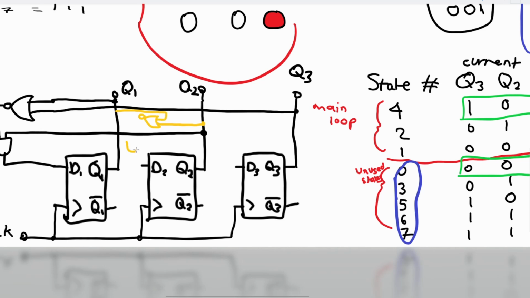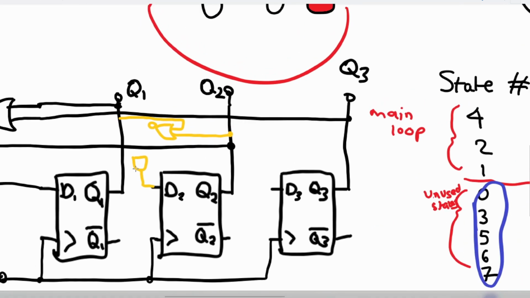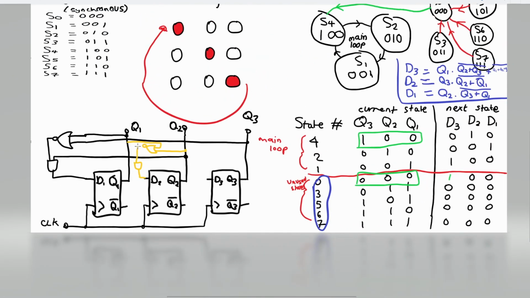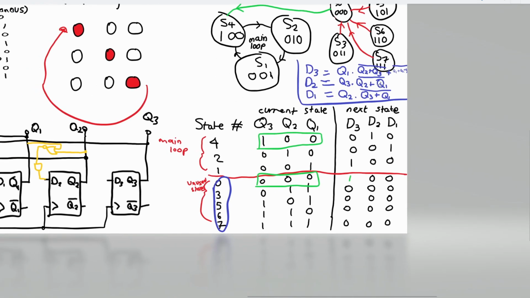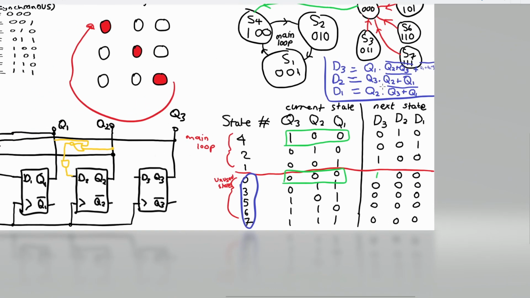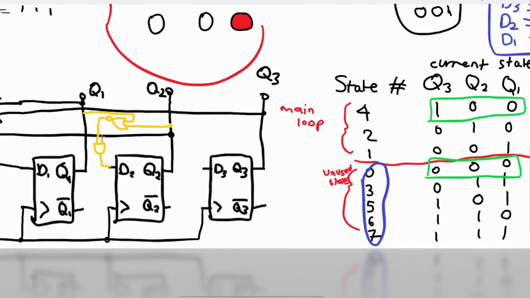Then we're going to draw an AND gate like this. One of the inputs from the NOR, and that's Q3. So it's going to go to Q3.